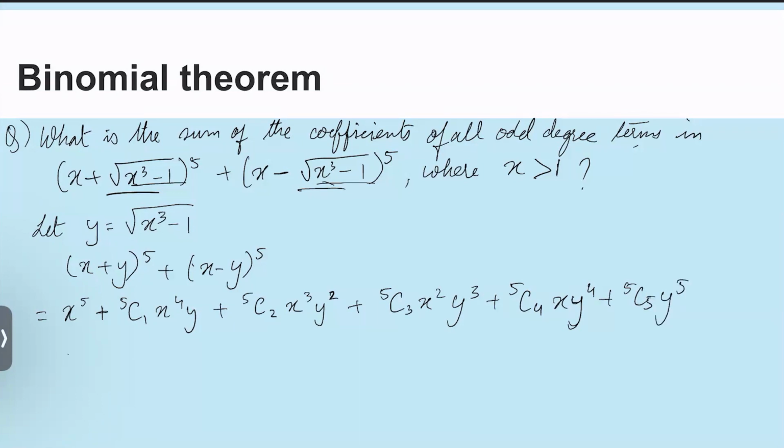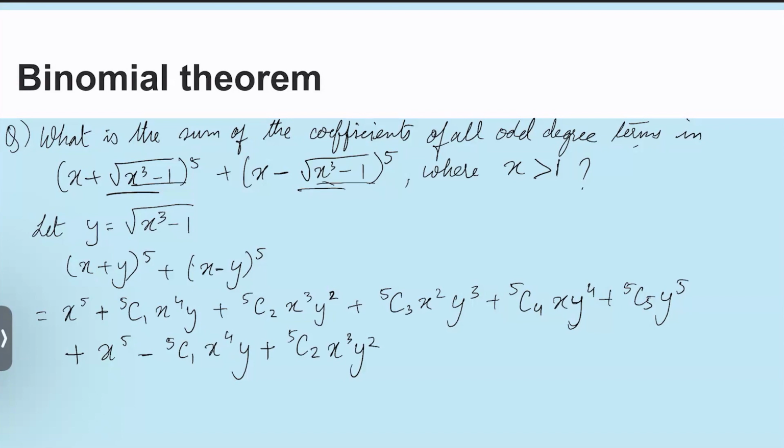Now we have a plus sign between them, and now we'll have negative y everywhere. So keep in mind that negative sign when you are expanding. So now what we will have is x raised to 5. Since we will have y raised to 1, the minus sign will remain, so you have minus 5C1 x raised to 4 y. Now we will have minus y raised to 2, so that will become positive, so the sign outside will be plus 5C2 x cubed y squared.